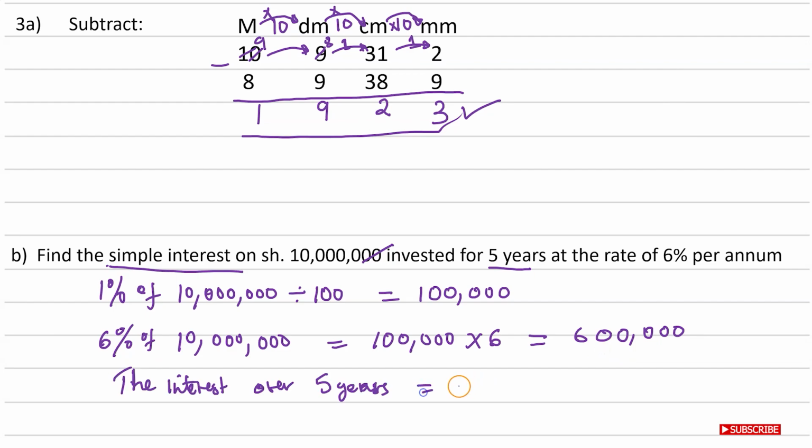So it's going to be equal to 600,000 times 5. So 6 times 5 is 30, and then we got our 5 zeros, 1, 2, 3, 4, 5. That's going to give you 3 million shillings. So that is the answer for that.